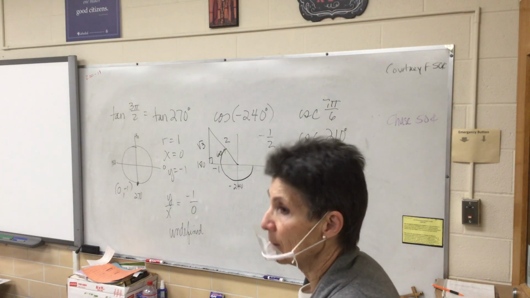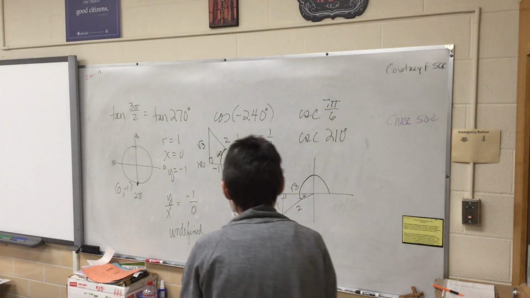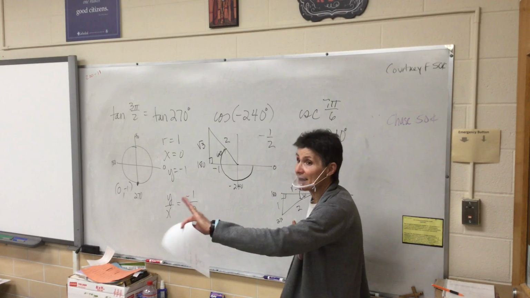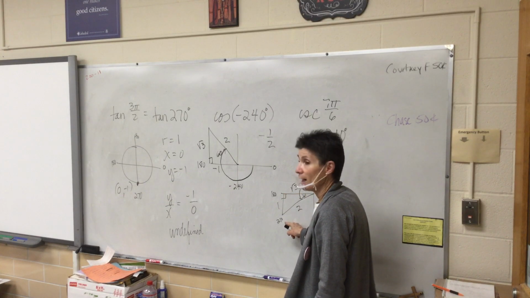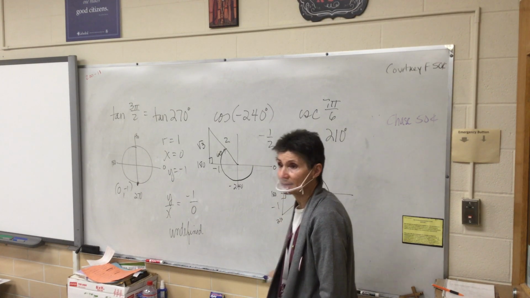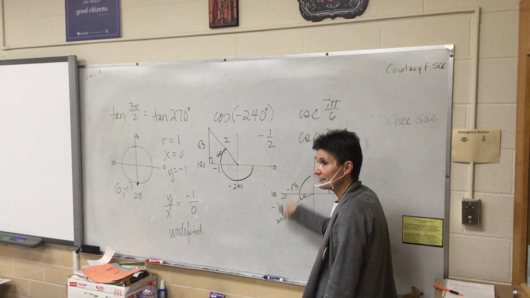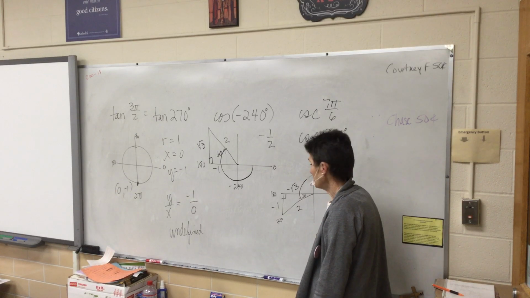Anything negative in that one? Now the 2 will never be negative. Remember, your hypotenuse is never negative, so you're never marking it. You're either marking x or y. Both of them. They're both negative because we went left and down. Remember, this is x and this is y. In quadrant 3, aren't they both negative? Yeah, you know that.